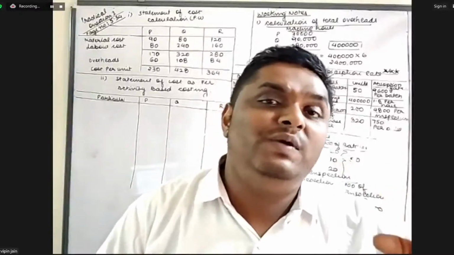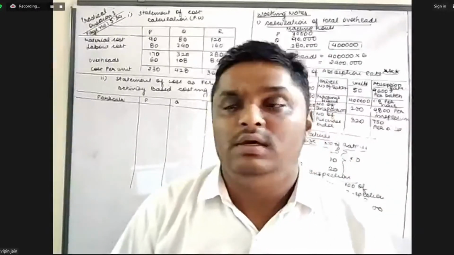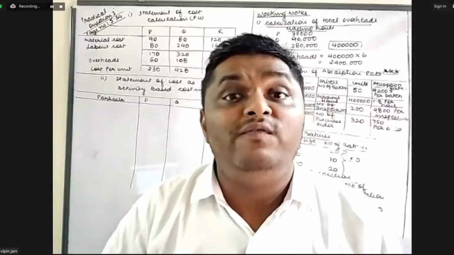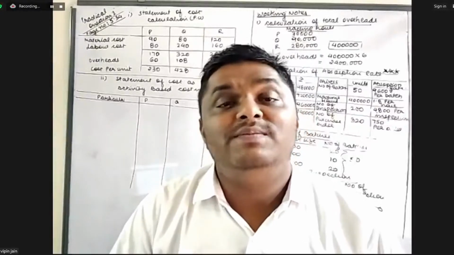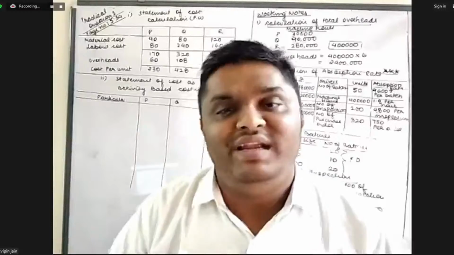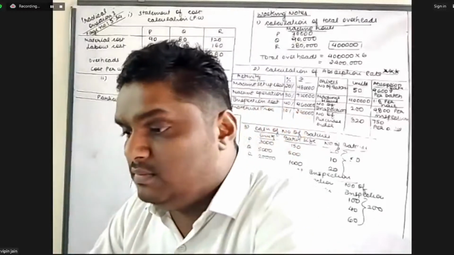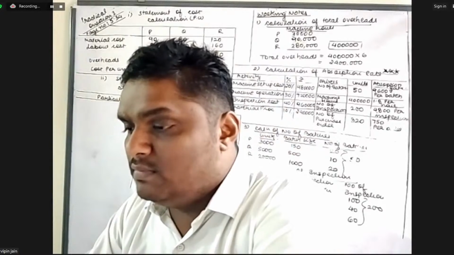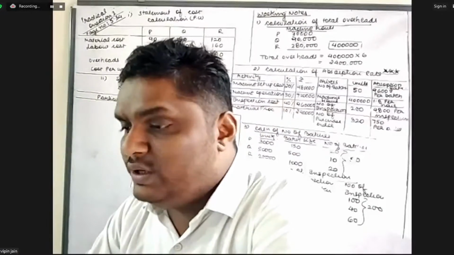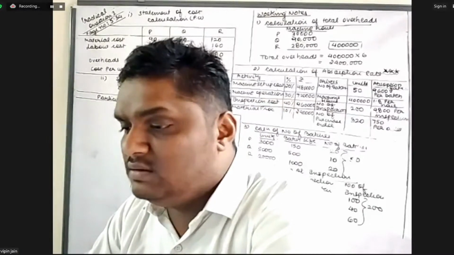So that is the difference between batch size and number of units. Batch size means the number of units manufactured in a batch. And when talking about number of batches, it means the number of batches for the entire production. That's okay, Suman. Let me complete first.